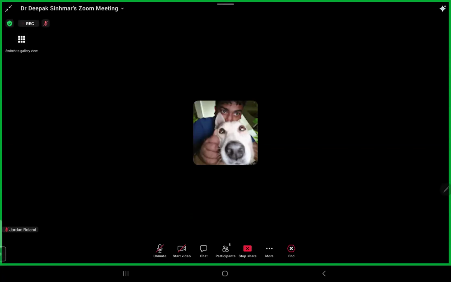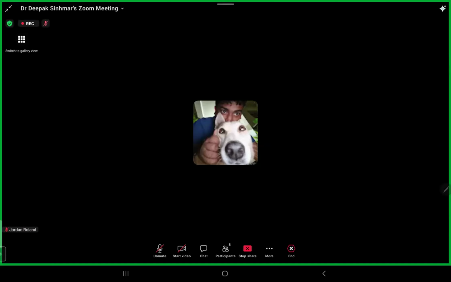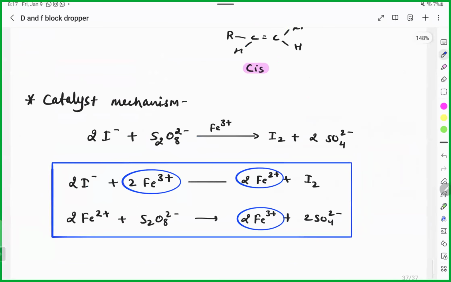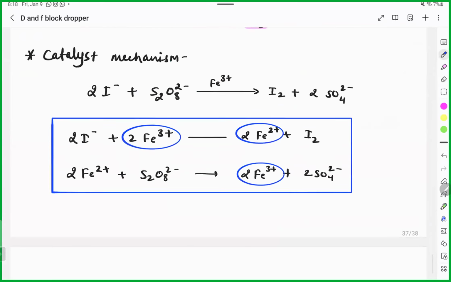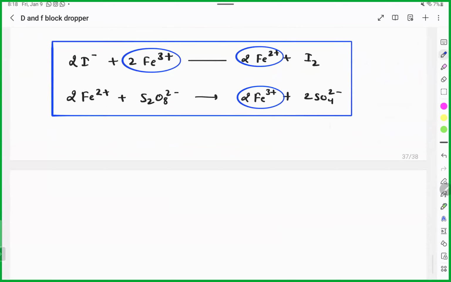Yeah, if you can't take printout, then it's okay, I will send it in the group and you can do it from the phone directly because today you don't have enough time.